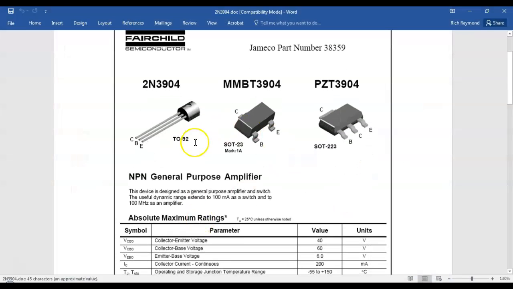So for the 3904, we're using the TO-92 case, and I'll give you all these different cases. TO stands for transistor outline, and these are JEDEC registered cases. JEDEC is the Joint Electron Device Engineering Council. You can register your package with JEDEC, and once it's registered, it's open technology.